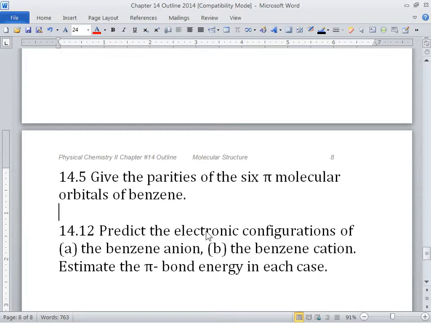What was the next one? E2U, E1G, A2U. Wait, I was going from the bottom to the top. The bottom, A2U, E1G. You told me E2U, that's your next one. She was going in a different order.